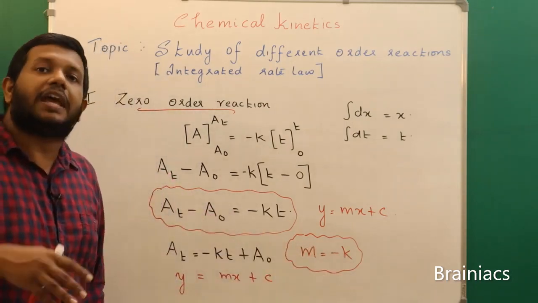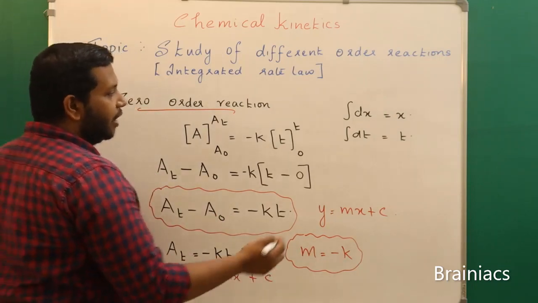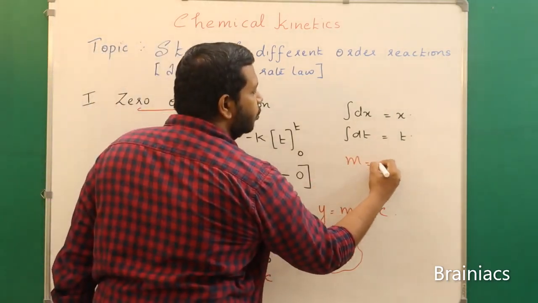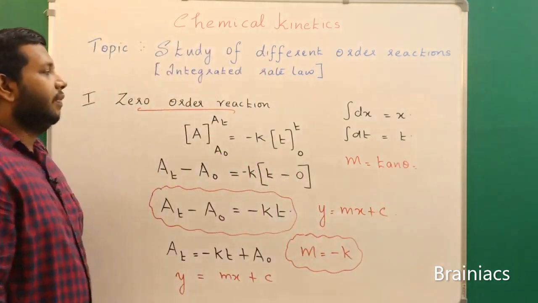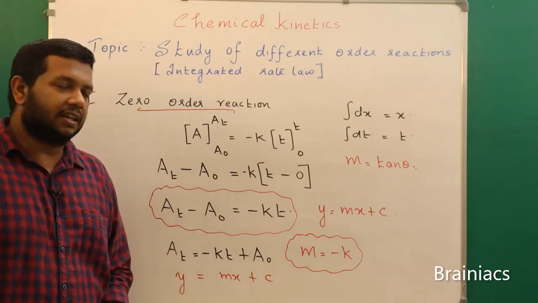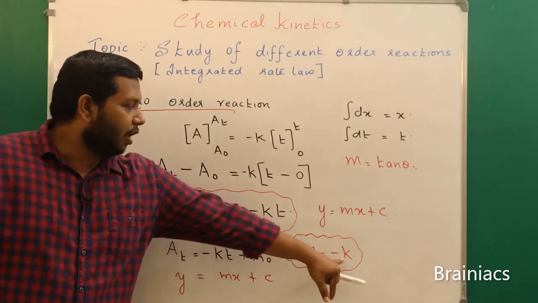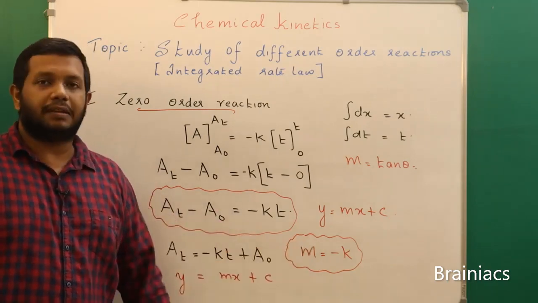So what you need to do is find out the slope. Slope is m, and we know that slope also has another formula: m is equal to tan theta. Correct? Very important. Slope can be found out by finding the tan theta. So that tan theta will be equal to minus k. So that will be the rate constant. You can easily find it out.